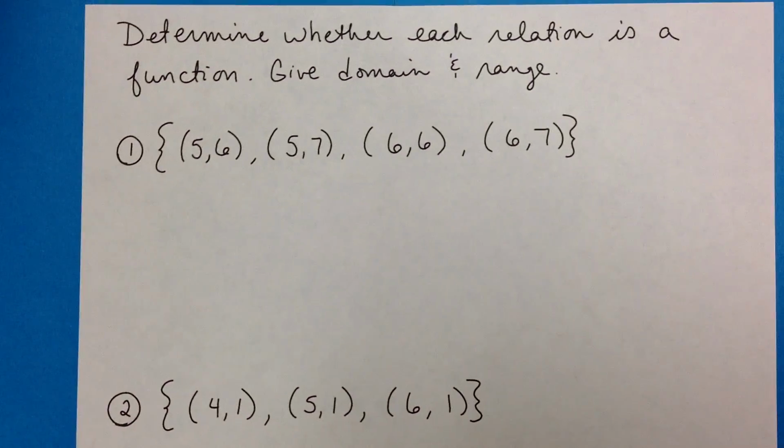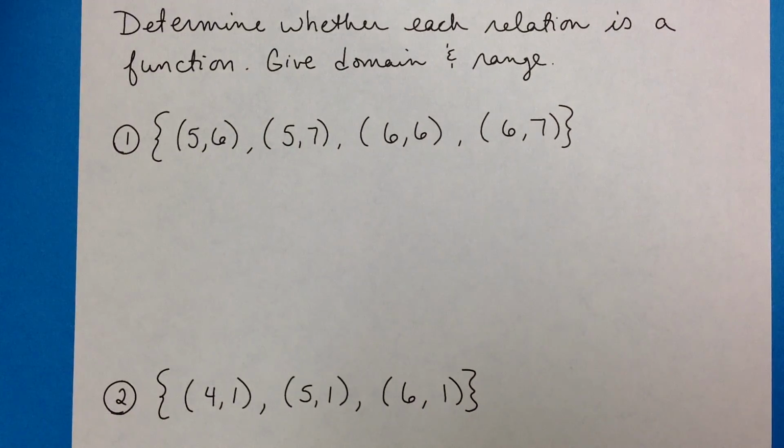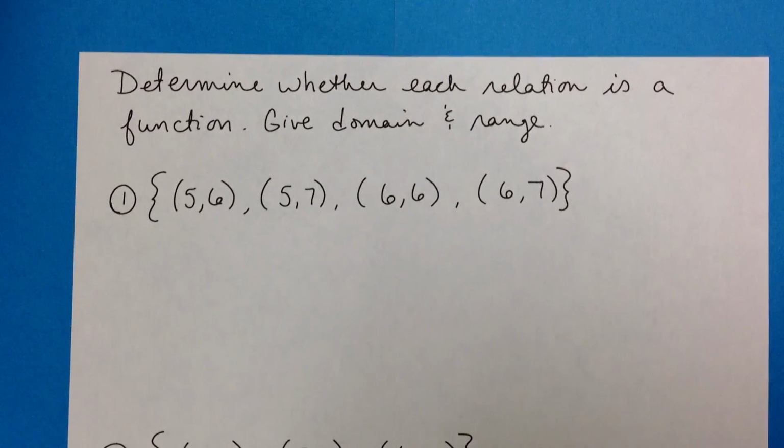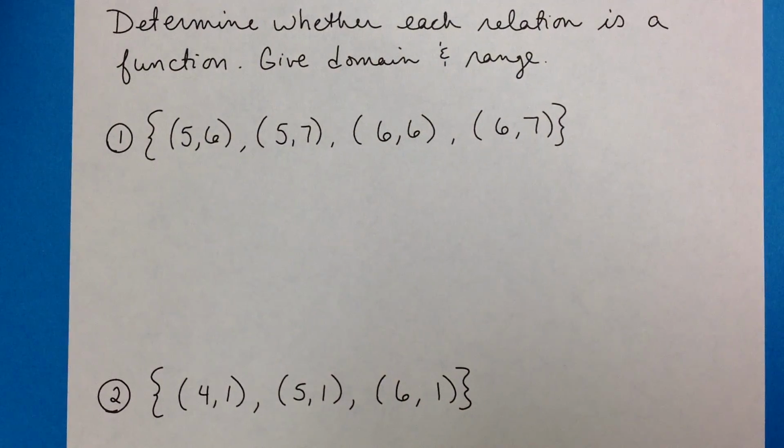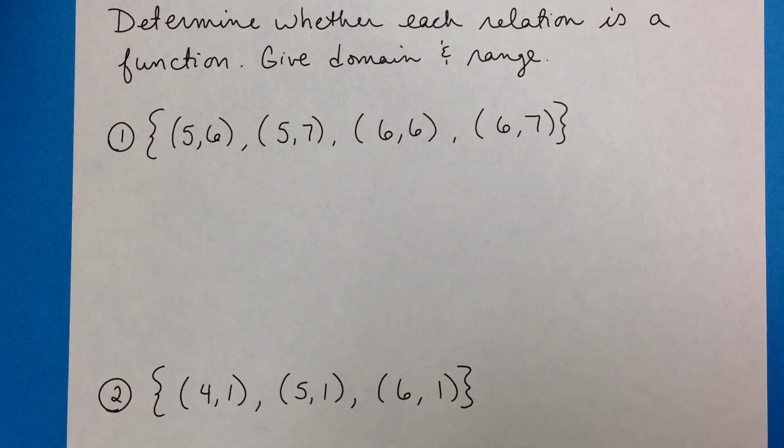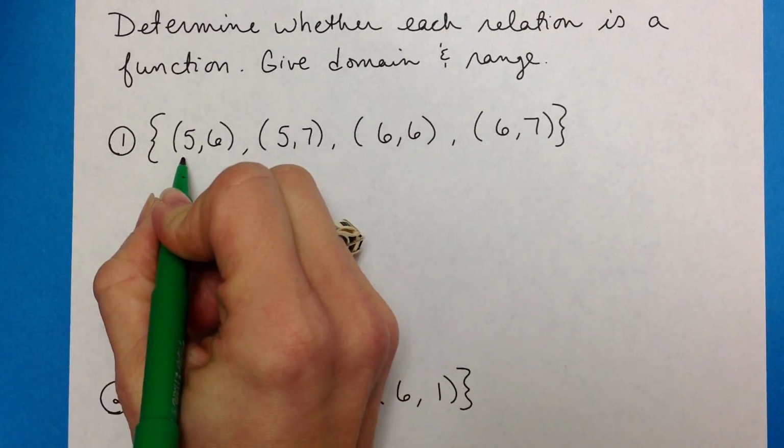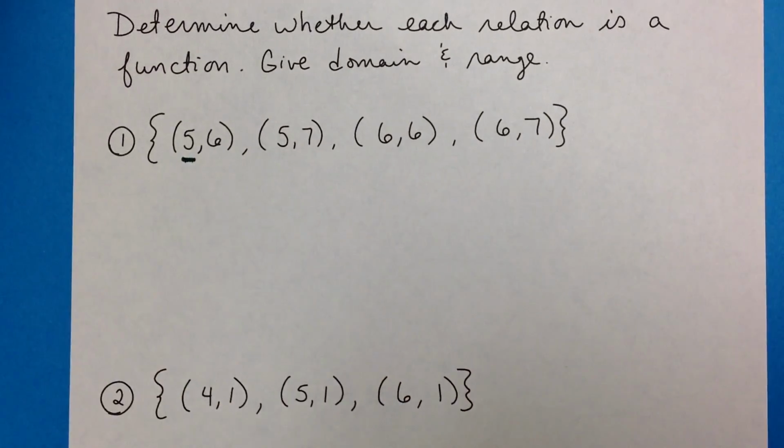Alright, so now we're looking at some sets of ordered pairs and determining, do we have a function, and then also talking about the domain and the range. My first set of ordered pairs: first of all, they want to know, are you dealing with a function? Based on what I just told you, the bottom line to determine if something is a function is to simply look to see if your x's are repeating. If you go through here, you can see this ordered pair has an x value of 5.